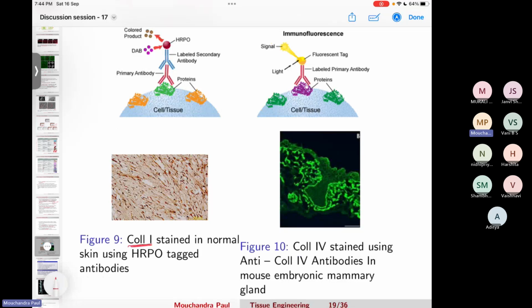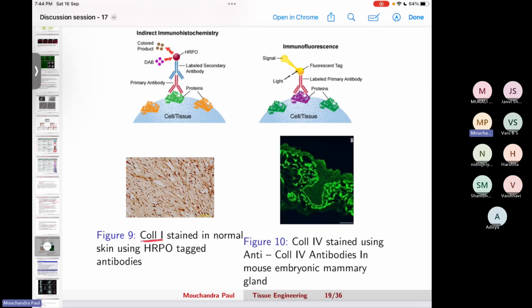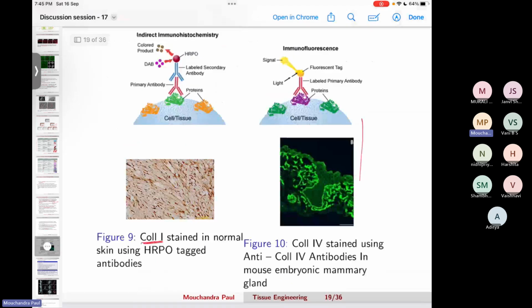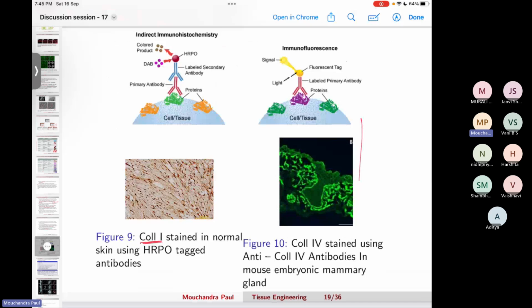They used the immunohistochemistry technique where the secondary antibody is used, that is, indirect immunohistochemistry. The secondary antibody is conjugated with HRP, horseradish peroxidase. This enzyme, in the presence of the substrate DAB, gives a brown colored product. That is why you see the collagen stained in brown.